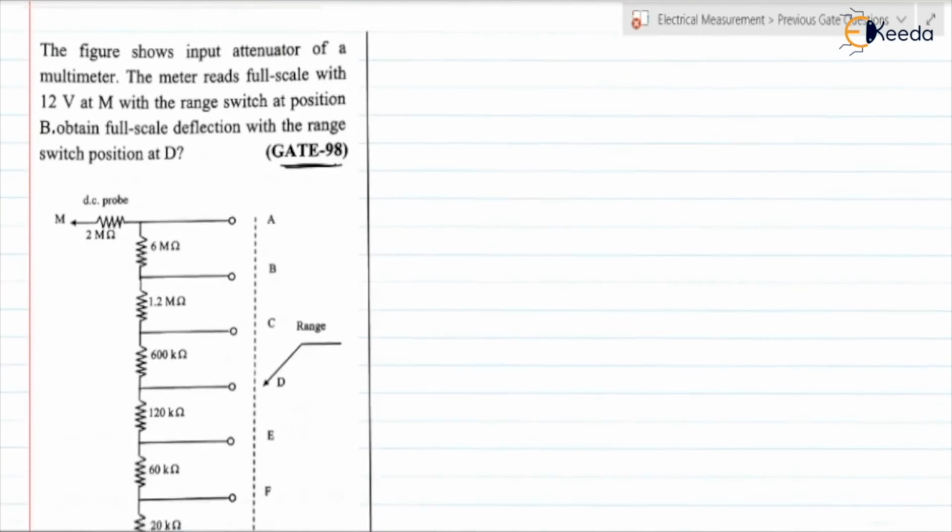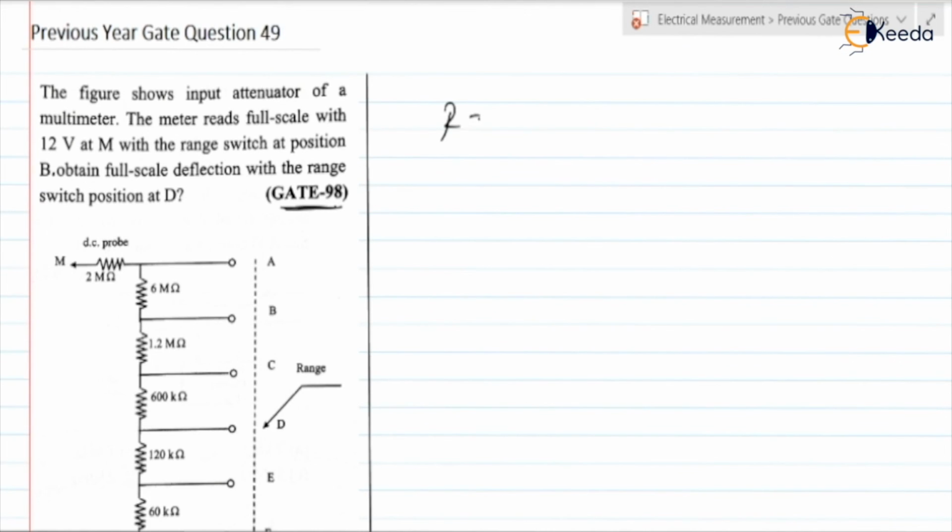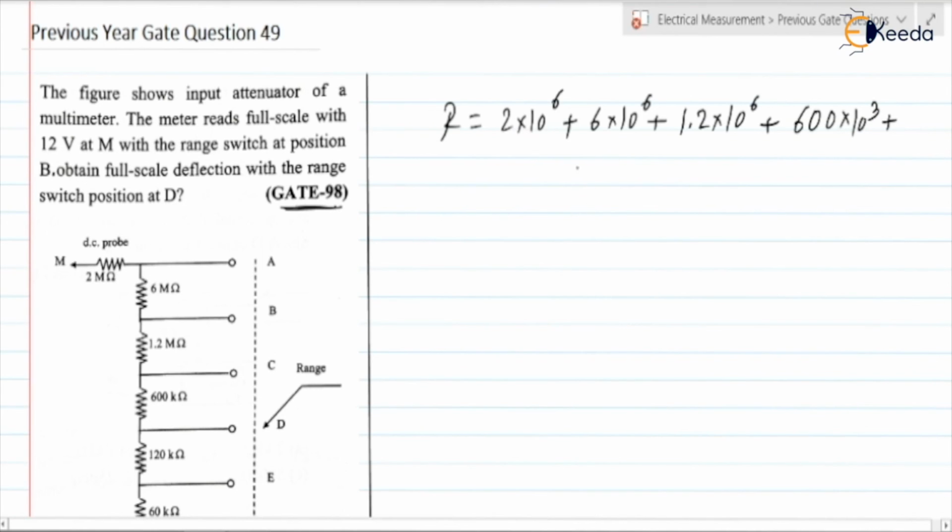So first thing is, we can write the total resistance R is equal to the addition of all these resistors. So it is 2 into 10 to the power 6, plus 6 mega ohm, that is 6 into 10 to the power 6, plus 1.2 into 10 to the power 6, plus 600k, 600 into 10 to the power 3, plus 120 into 10 to the power 3, plus 60 into 10 to the power 3, and plus 20k, so it is 20 into 10 to the power 3.